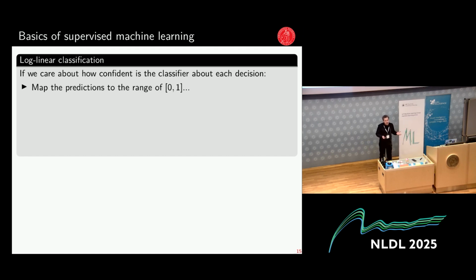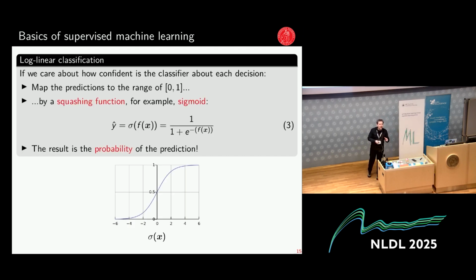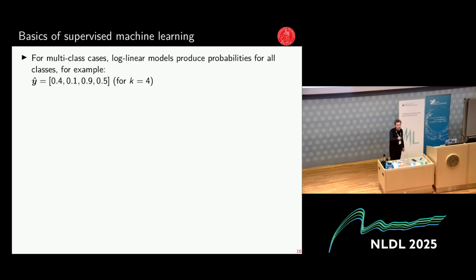In this case, we can take the prediction of the model and somehow map it to the range from 0 to 1, by using, for example, some squashing function like sigmoid. So any function which takes as an input numbers from -infinity to +infinity and maps it to the range from 0 to 1, so that we get the probability. This gives us the probability of the prediction. So we have a classifier which can tell us, yes, I'm 99% sure that the language of this document is Norwegian.